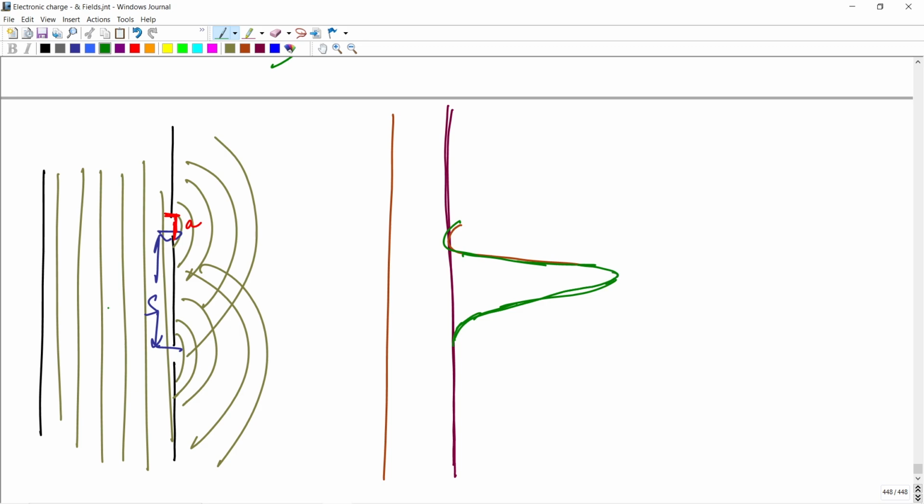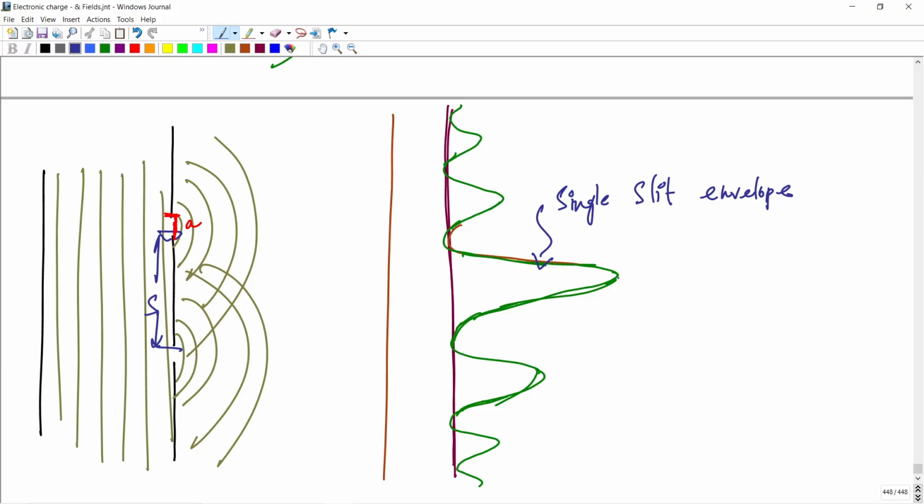Here the intensity is much lower, and so on. This green line is the intensity of diffraction, a single slit envelope.